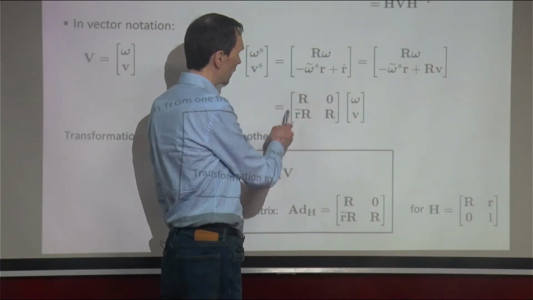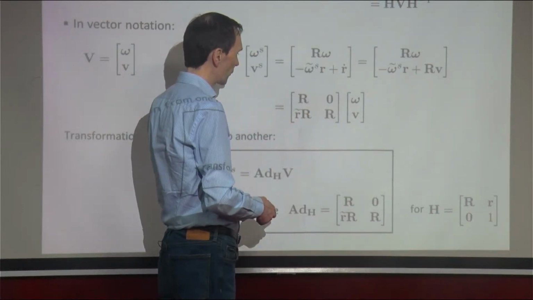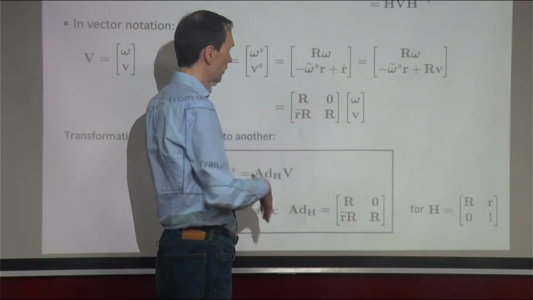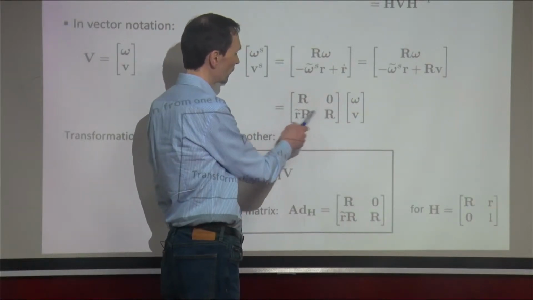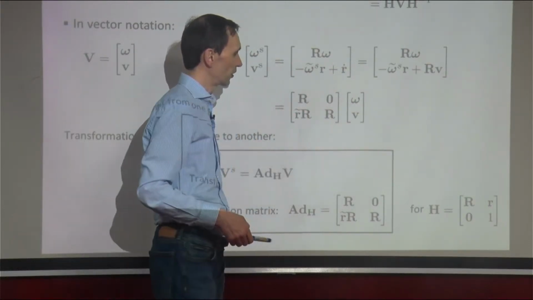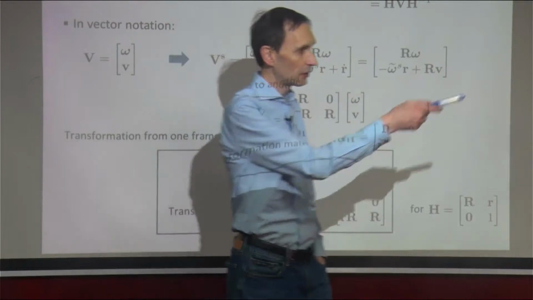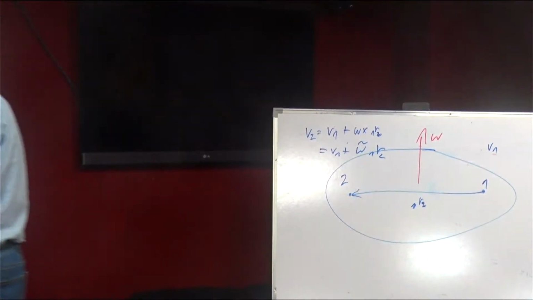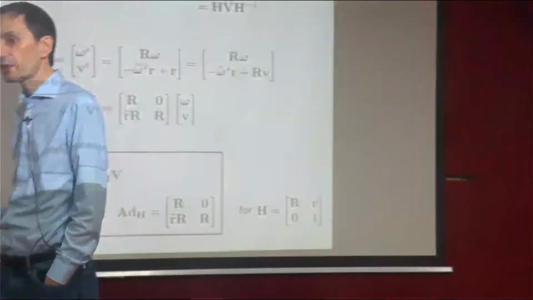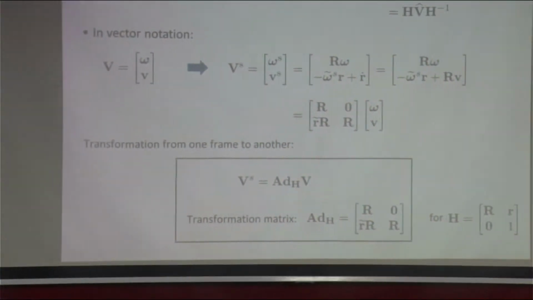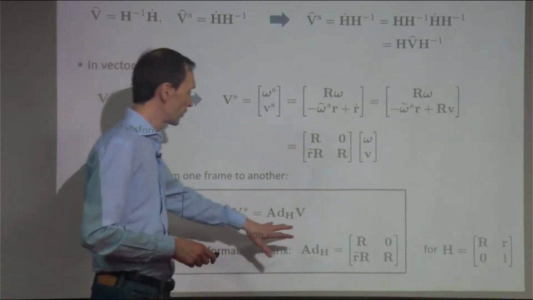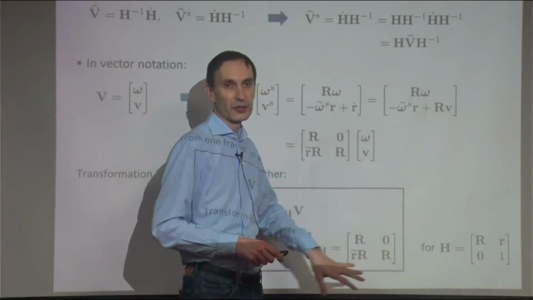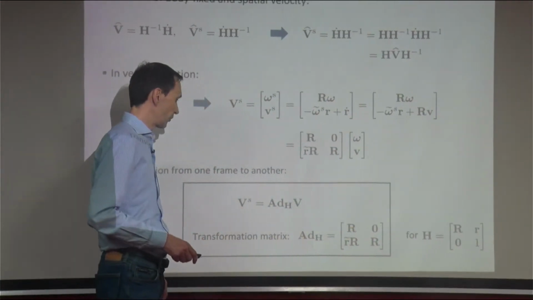If you forget about all these rotations because they are just changing the coordinates, and look at what happens to the velocity vector, it's the cross product with omega, plus the v in the other frame. This whole transformation of twists, respectively screw coordinates, has a name, and it's called the adjoint transformation.